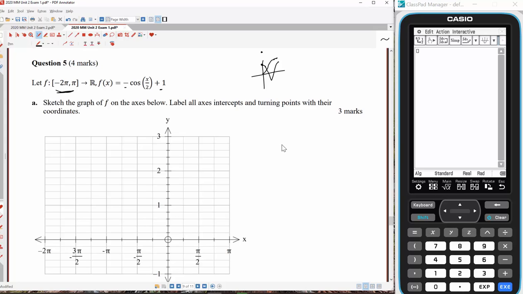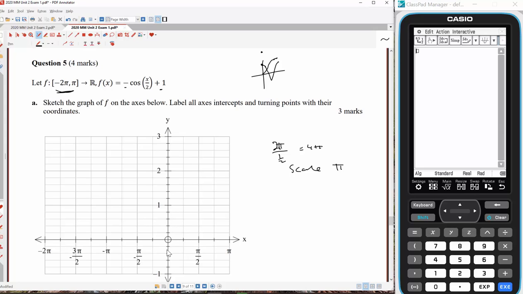Our period is going to be 2 pi over half, which is 4 pi. Scale is going to be pi. So every pi we get some action, if you want to think about it.